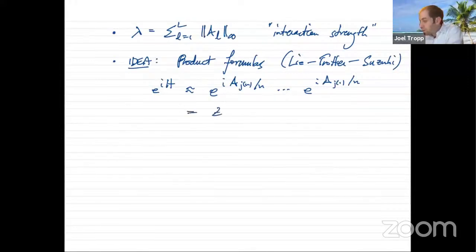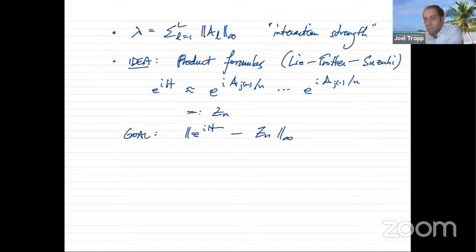And so if we call this product here on the right Zn, the goal is to ensure that the action of the Hamiltonian for 1 unit of time is close to this product formula Zn in the infinity norm. This is what we need to happen. We want it to be smaller than some number epsilon, say.